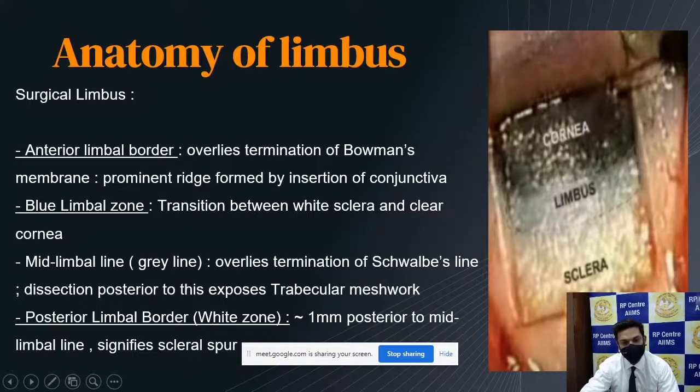So the corneal epithelium is derived from the surface ectoderm, induced by the lens vesicle. The mesenchyme forms the Bowman's membrane and the stroma. Bowman's membrane is not a true basement membrane, but rather the anterior portion of the stroma itself.